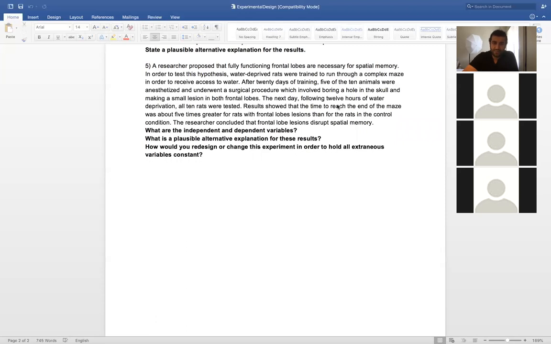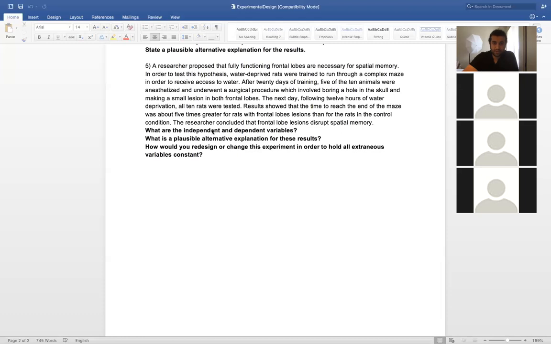The next day, following 12 hours of water deprivation, all 10 rats were tested. Results showed that the time to reach the end of the maze was about 5 times greater than for rats with frontal lobes lesion than for the rats in the control condition.